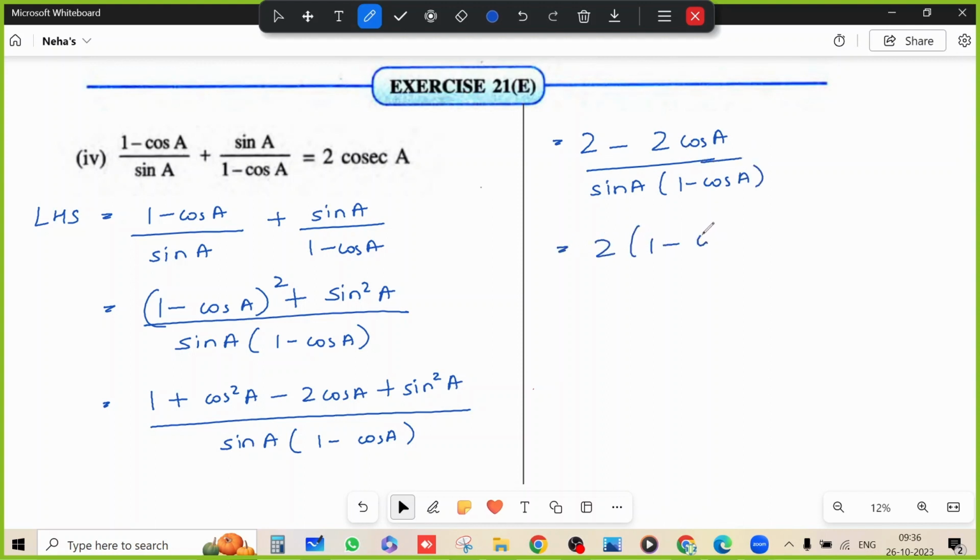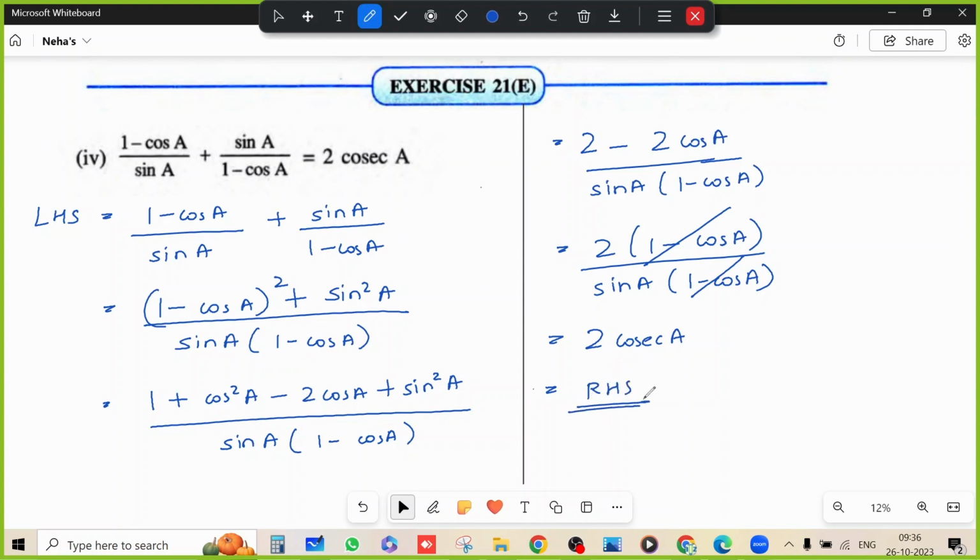So it will become 2 into (1 minus cos A) divided by sin A into (1 minus cos A). (1 minus cos A) will get cancelled out in the numerator and denominator, and 2 divided by sin A can be written as 2 cosec A, as 1 by sin A is equal to cosec A. This is equal to the RHS, and hence we have proved that the left hand side is equal to the right hand side.